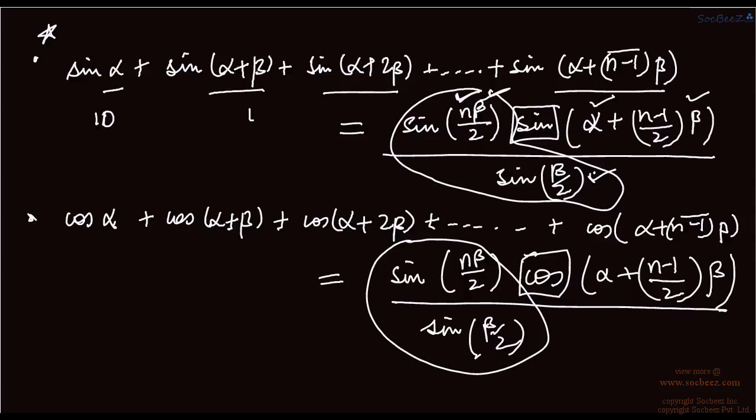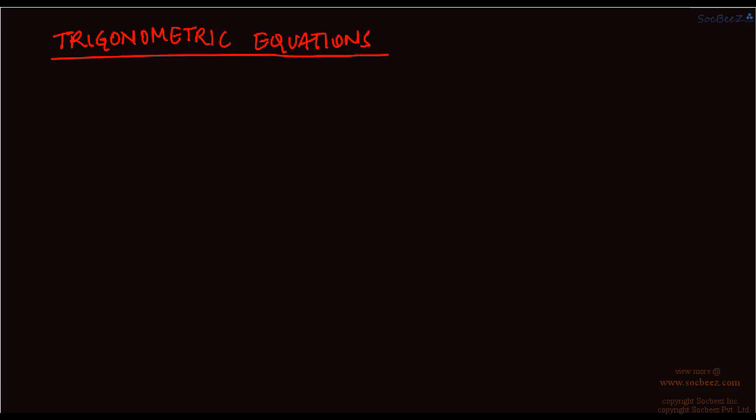Okay, then now we'll move on to trigonometric equations. Trigonometric equations, I'm going to write it with red. These are the specific topics and you should learn about them. Principal solutions.